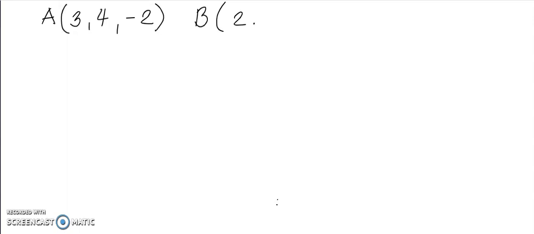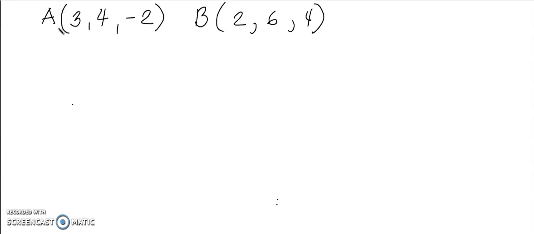Okay, another example. We have A at 3, 4, and negative 2. So there are 3 components in these vectors. And then B is at the point 2, 6, and positive 4.